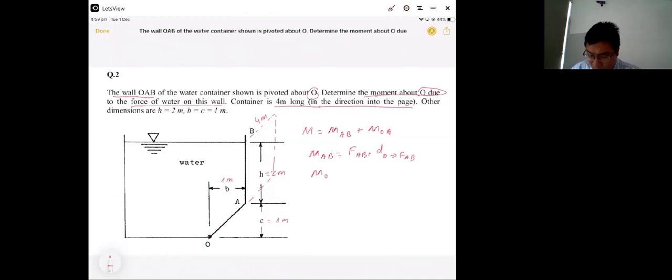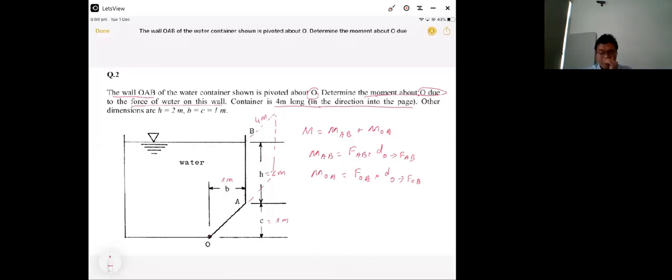Moment OA will be equal to the force applied to OA times the distance from O to this force. Okay, this one is fundamental. The moment applied to OAB will be equal to the moment applied to AB plus the moment applied to OA. Okay, and moment will be equal to force times the distance from O to the force.